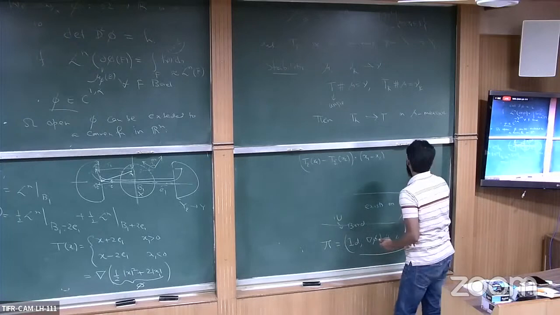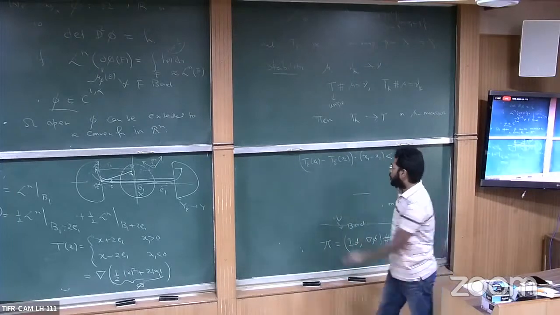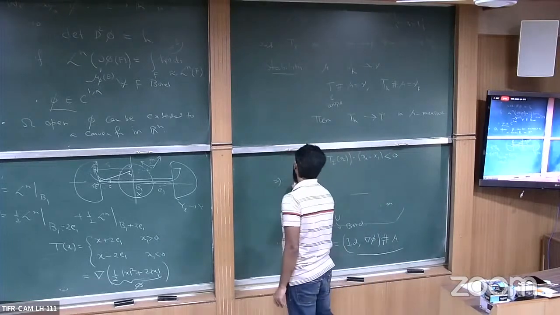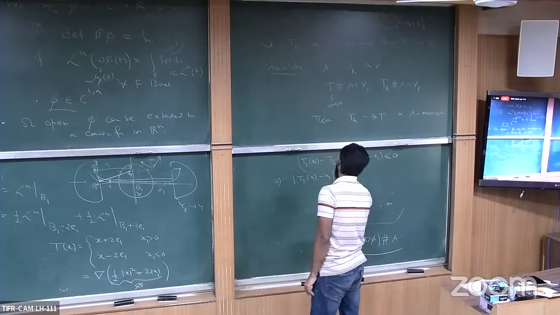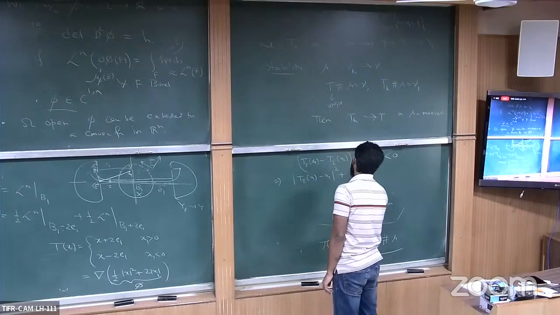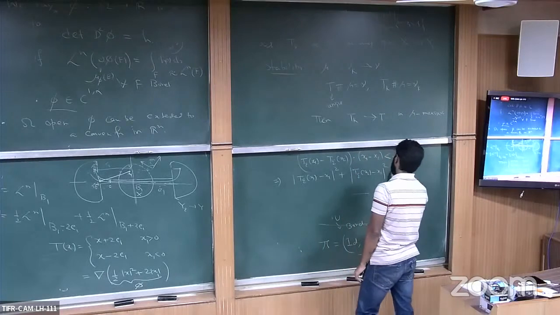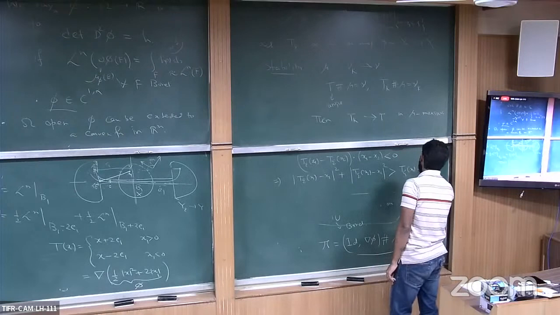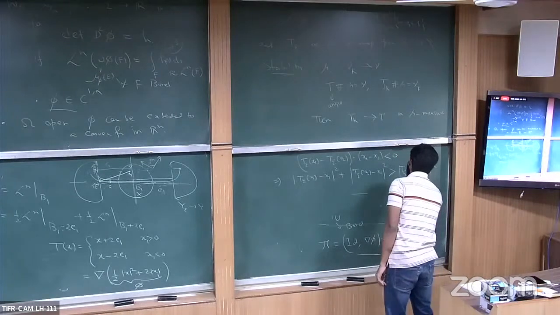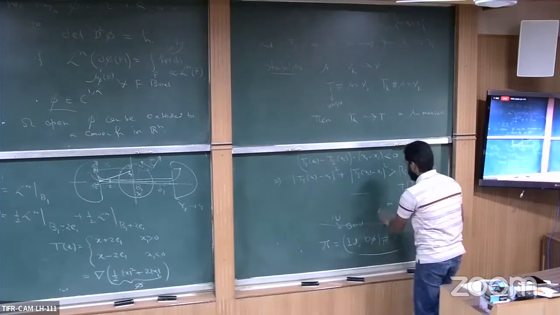If you do some algebra, this gives you |T epsilon x1 minus x1|² plus |T epsilon x2 minus x2|² is strictly bigger than |T epsilon x1 minus x2|² plus |T epsilon x2 minus x1|².